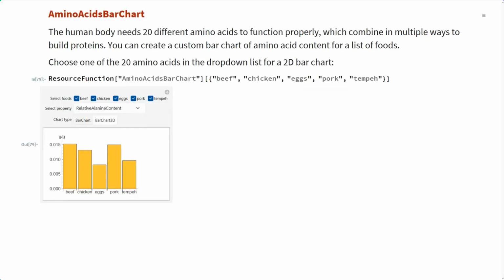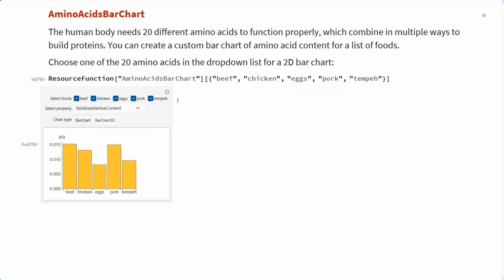Next one I want to go through, which is really an interesting one. As you may know, the body needs 20 different amino acids to function properly, and these amino acids combine in different ways to build proteins that we need for health. And so we have this amino acids bar chart, which is a wonderful resource function.